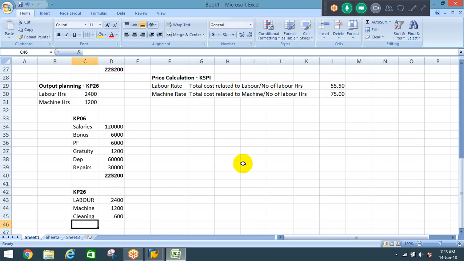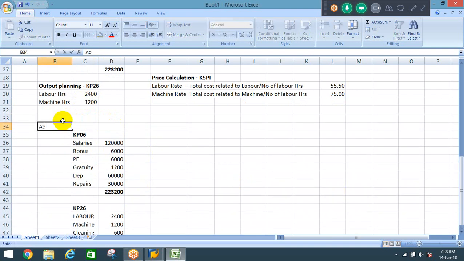Now in case of activity dependent planning, I need to plan the expenditure with respect to activity type.